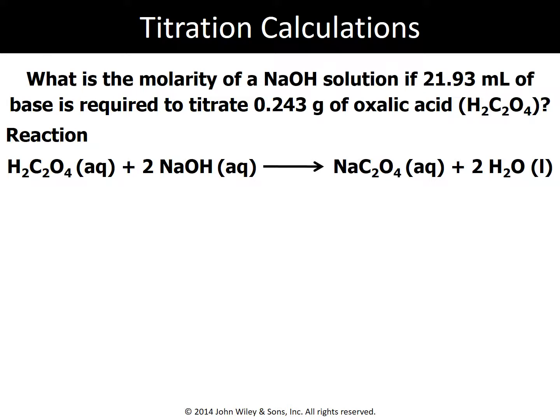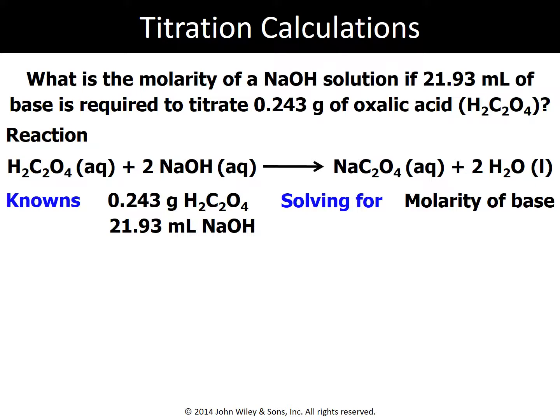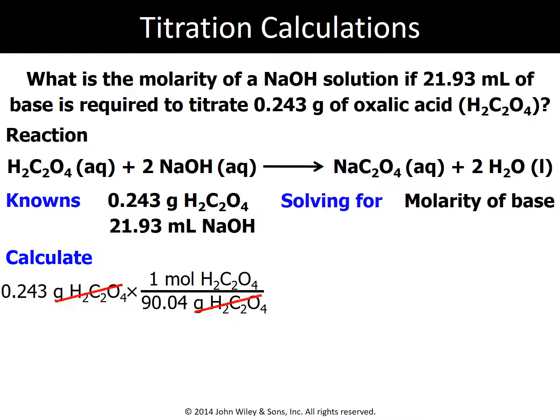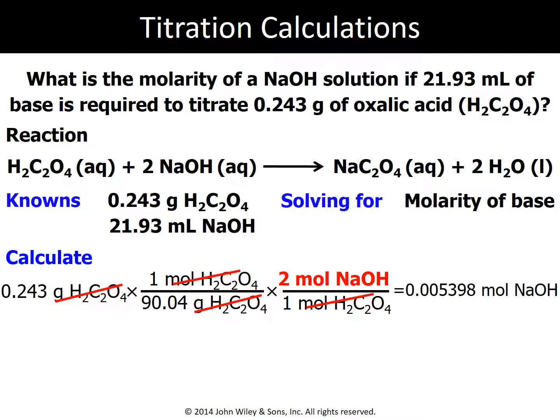We'll do the same thing here. We're going to start with our 0.243 grams of H2C2O4, our oxalic acid, multiply by its molar mass, and multiply by our molar ratio, giving us 0.005398 moles.